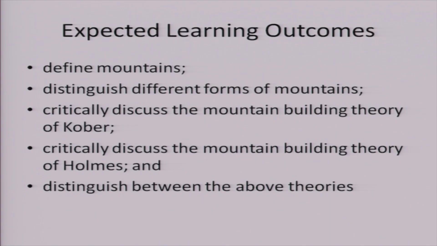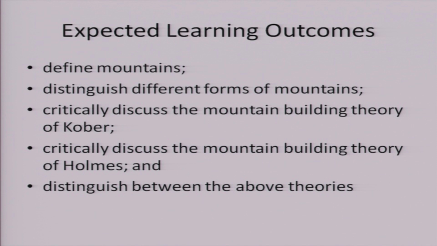So, in this video program we have studied about the definition of mountains, different forms of mountains and different theories related to the origin of mountains or the building of mountains, like Holmes convection current theory and Kober's mountain building theory, and we have also dealt with their demerits or criticisms.